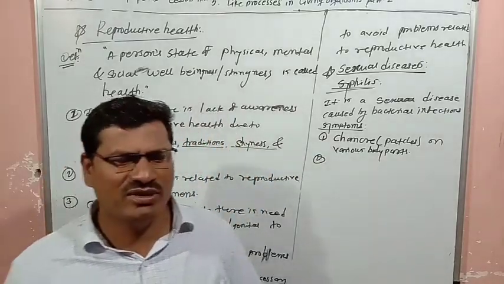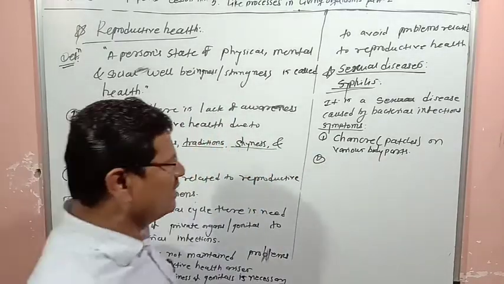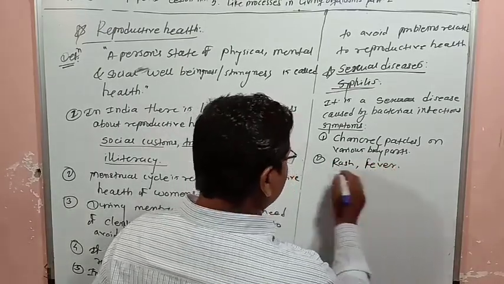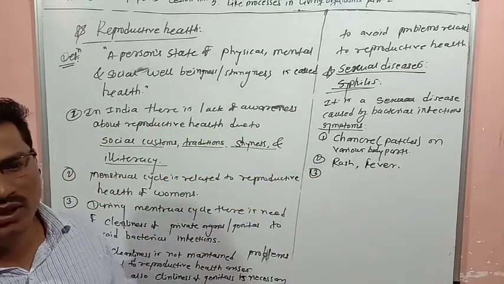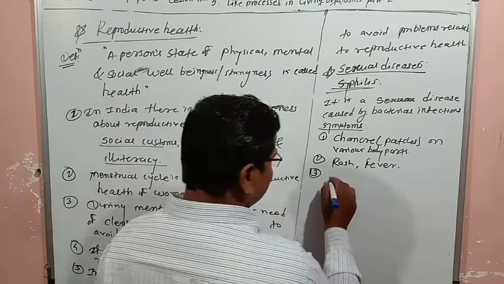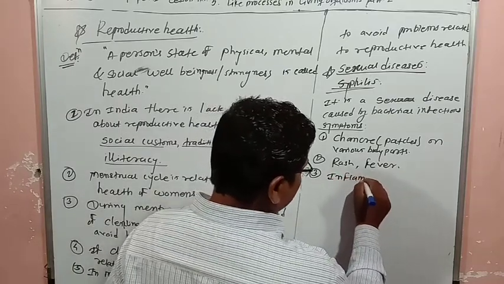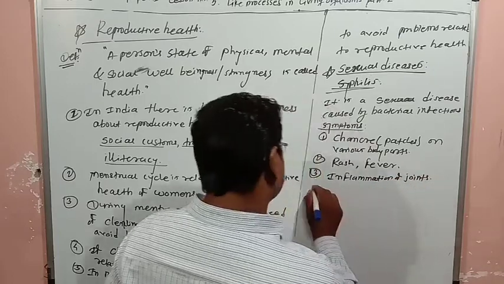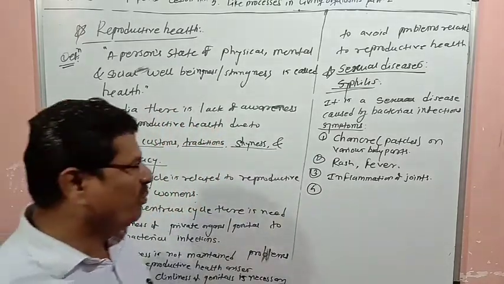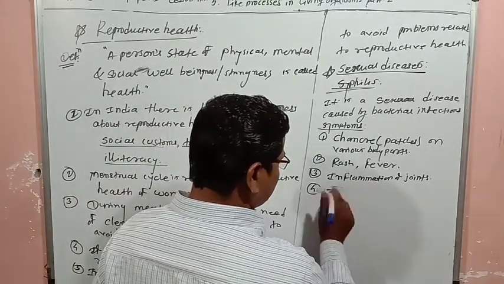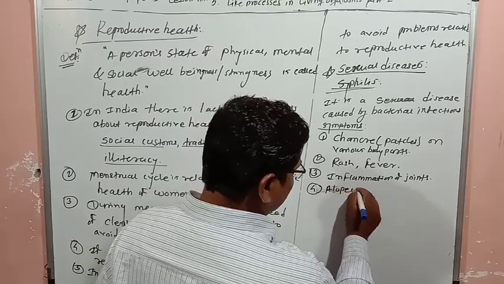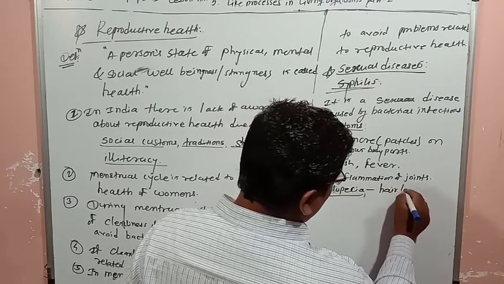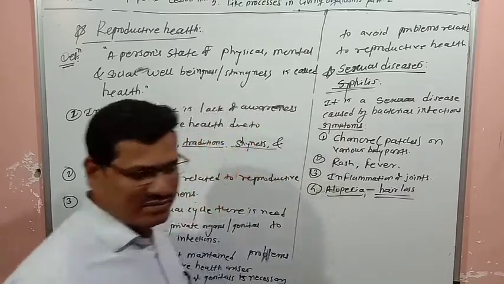Second, rash and fever. Third, inflammation of the joints. Fourth, alopecia. What do we mean by alopecia? That is hair loss, sudden hair loss.